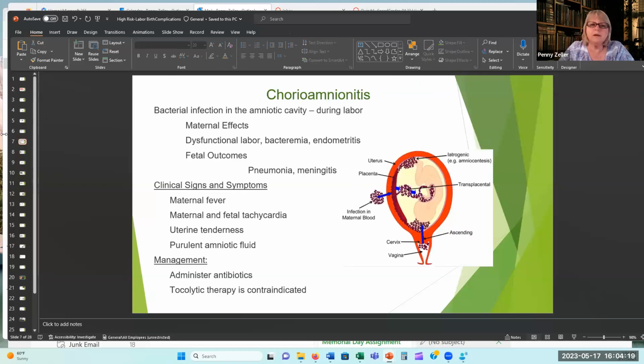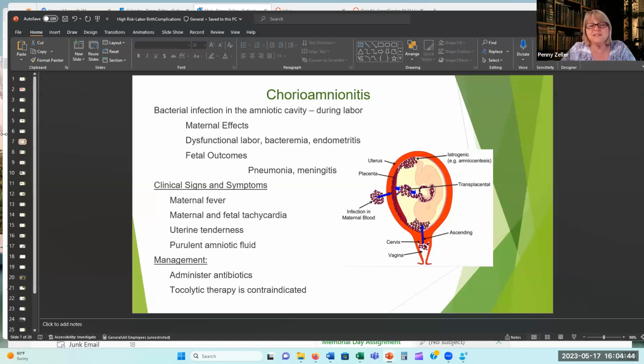So chorioamnionitis, here's a picture of potential areas of invasion. Mother could have an infection in her blood, some bacteremia. The placenta could have bacteria pass through it. The uterus could be infected for whatever reason, and that invades the amniotic fluid.